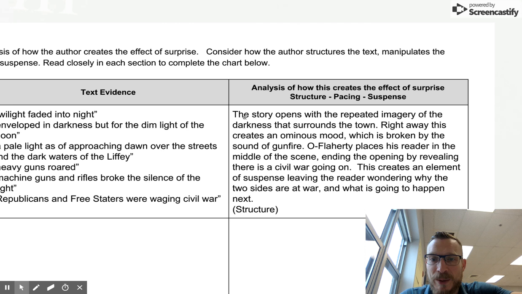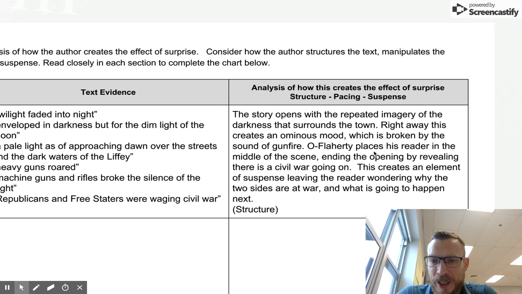So this is what I wrote, and this is the type of analysis paragraph I'm looking at. The story opens with repeated imagery of the darkness that surrounds the town. So this is structure, and I'm talking about how the story opened and what was in the opening. Right away, this creates an ominous mood, which is broken by the sound of gunfire. If you picture, this is serene, dimly lit, quiet, dark, but then all of a sudden, gunfire.